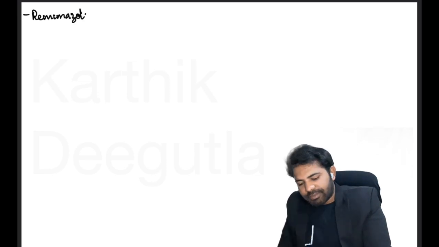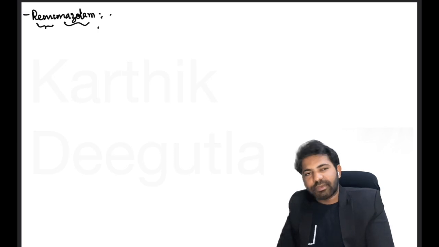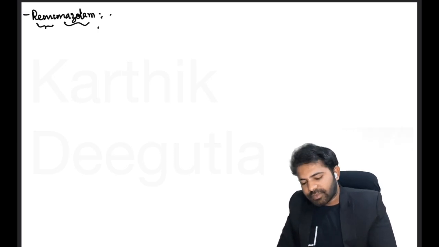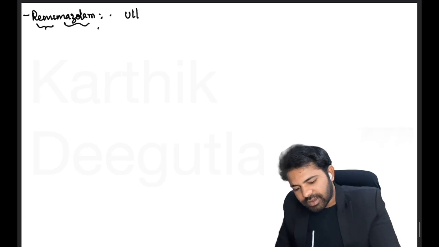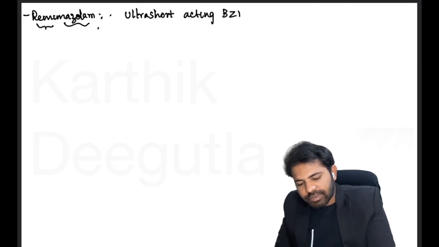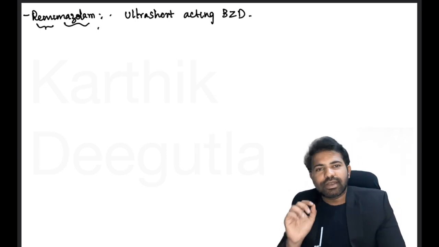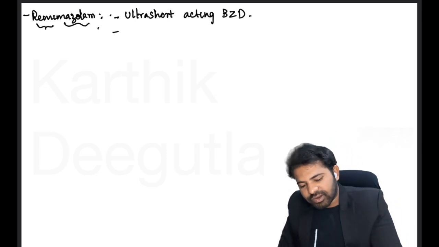And the last thing is remimazolam. Two points about remimazolam. The name comes from remifentanil and midazolam. Remifentanil is an opioid, midazolam is a benzodiazepine. So remimazolam is an ultra short-acting benzodiazepine.